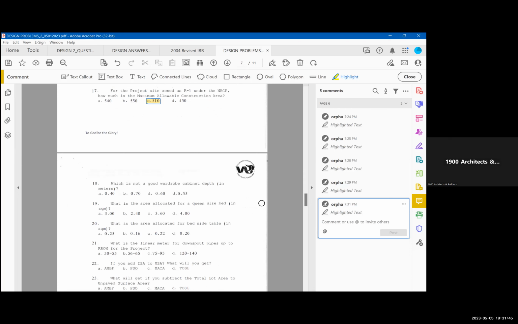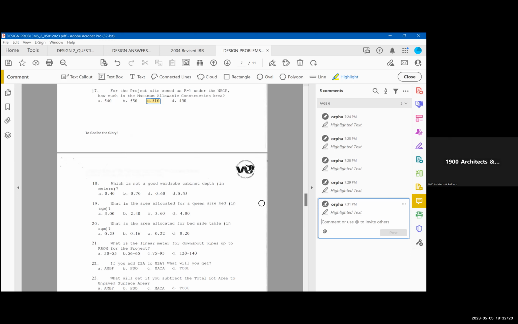Okay, so number 18, which is not a good wardrobe cabinet depth? In meters, ano ba ang minimum cabinet depth? Actually, it is 600 mm, so 0.6 yung ating minimum standard depth. Pero ang question, which is not a good wardrobe cabinet depth? Mamimili lang tayo ng best answer.